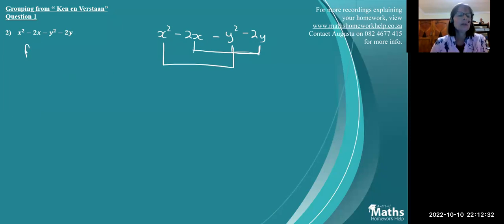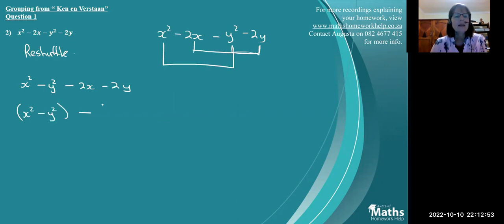So what we will do here is we're going to reshuffle. I'm going to say x squared minus y squared minus 2x minus 2y. Then I'm going to put in brackets now. Be careful here, there's a negative.